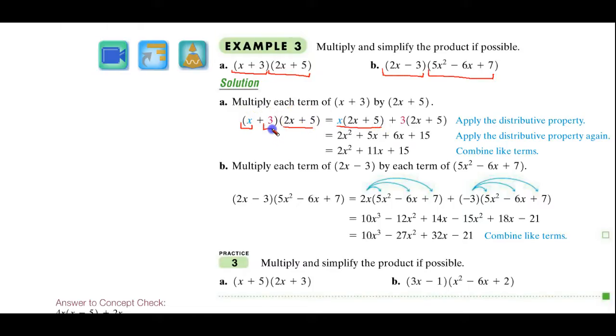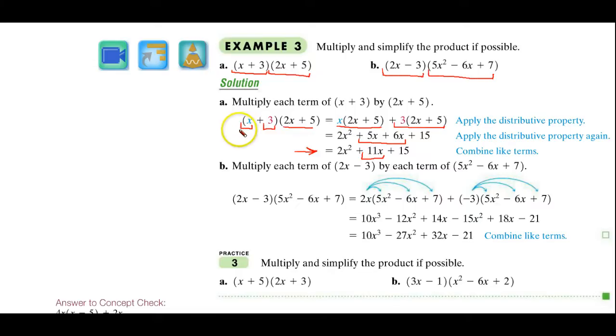Then take the second term of your first binomial and multiply it by the second binomial. So the x times this, the 3 times this. So you set up two monomials times a binomial times a binomial. You get your results, and then notice the two middle terms here are like terms that we then join together. So we end up with usually a trinomial.